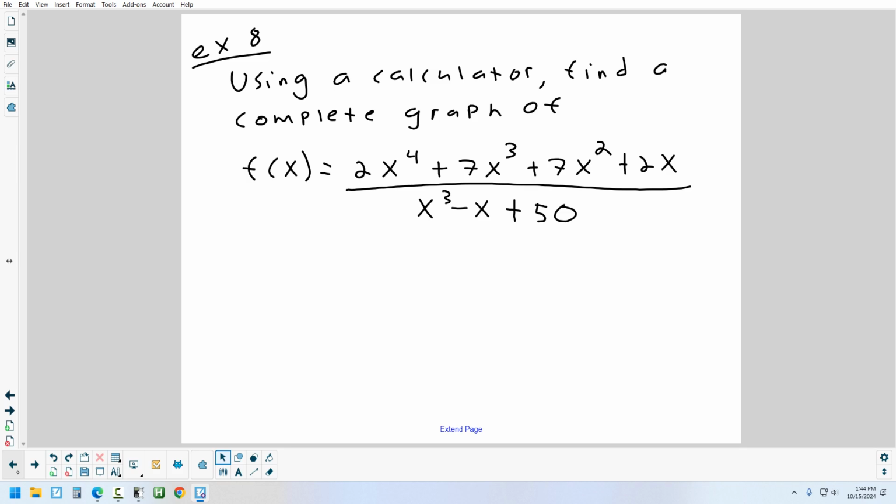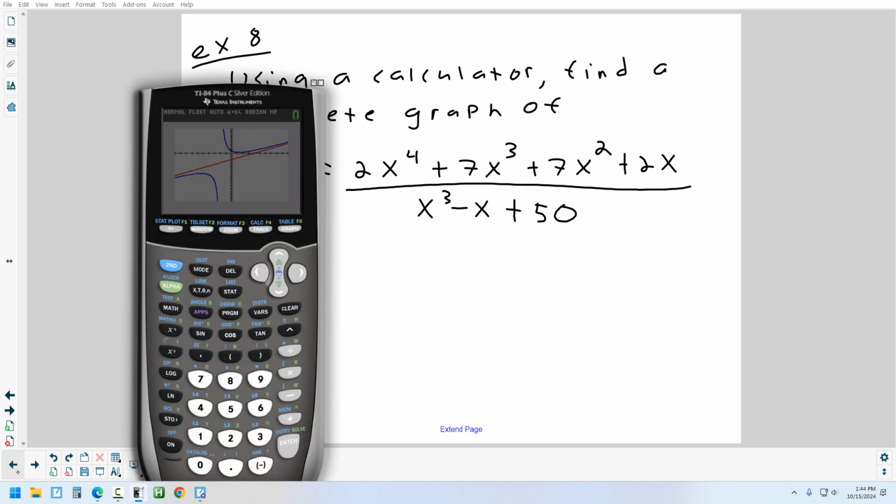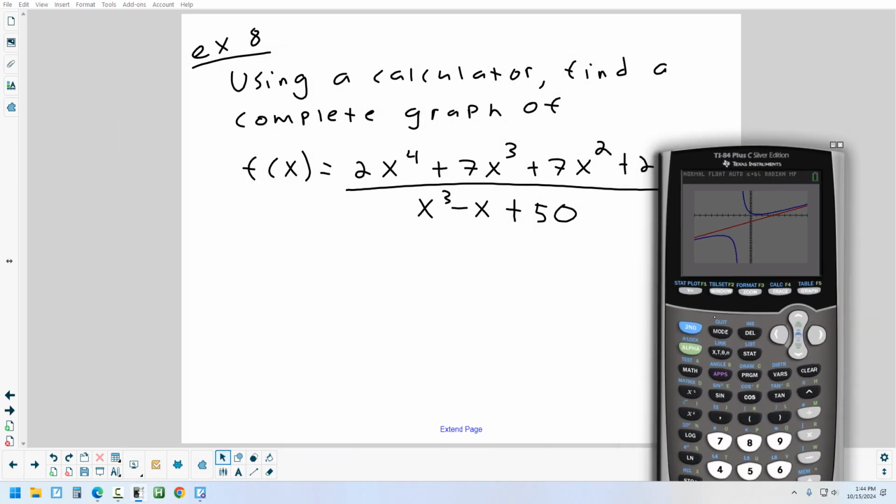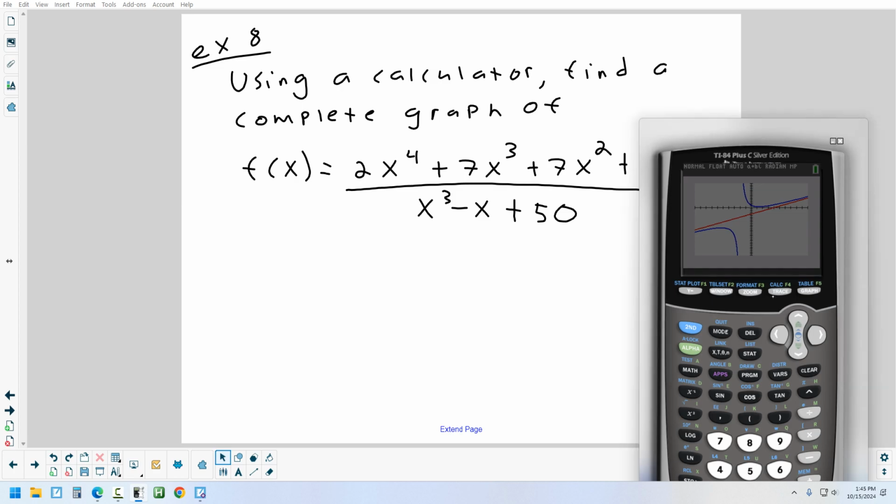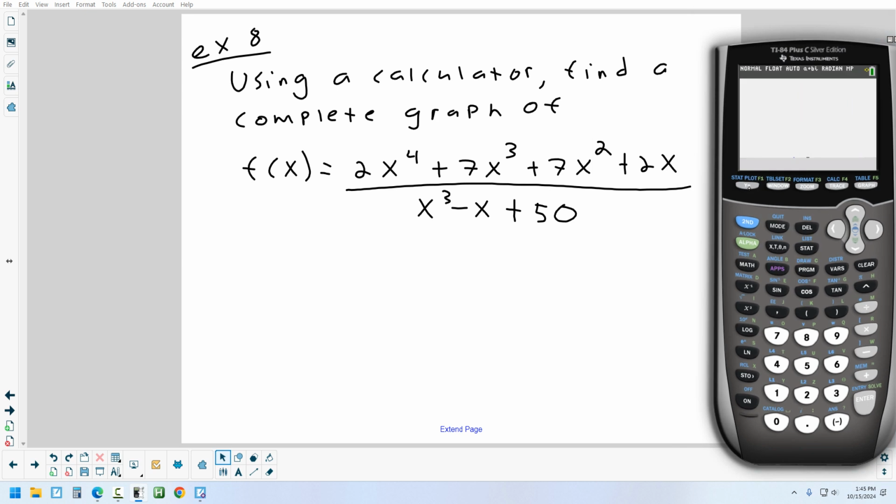Okay, let's finish up by graphing this one. Now, this one is too complicated to graph by hand, so they tell you to just use a calculator and graph it. Okay, what do I need when I type it in? Parentheses. Yes. So we're going to do 2x to the fourth plus 7x cubed plus 7x squared plus 2x.